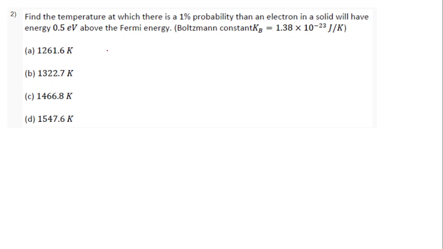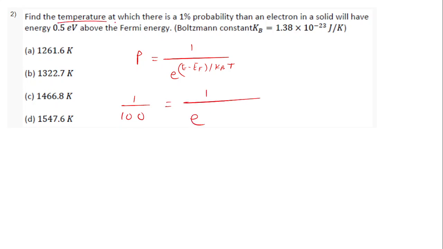The same formula we'll use, which is probability is 1 over e to the power (E minus EF) divided by kBT, plus 1. Here the probability is given in percentage, so this will be 1 by 100. 1% means 1 by 100.